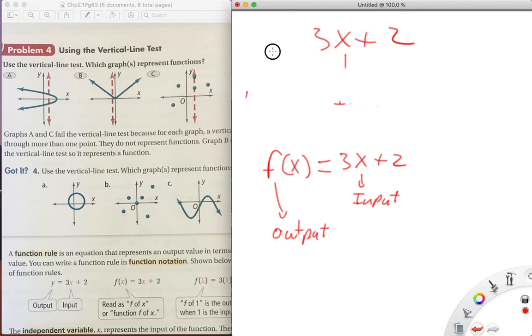Okay? F of x. So when we want to solve for a function, we would put it in our function rule. So if they wanted to know what is f of 1, so what is my output when x is 1, then wherever I see x, I replace it with 1.